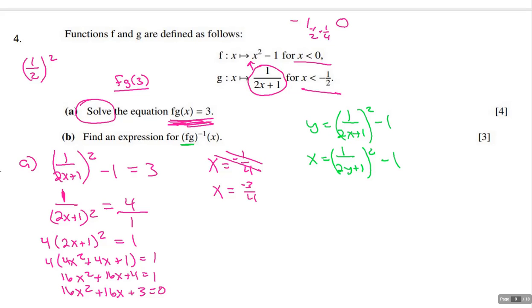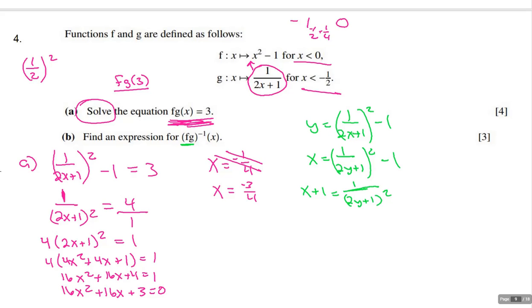Add 1 to one side. Yeah, I'm thinking the same thing, so let's go ahead and do that. Add 1. And then I'm probably going to do the same thing we did before by making this a 1 and this 2y plus 1 squared. You with me on that? Now, the problem with this is the y is in the denominator. So I need to get the y by itself, but right now it's stuck in the denominator.